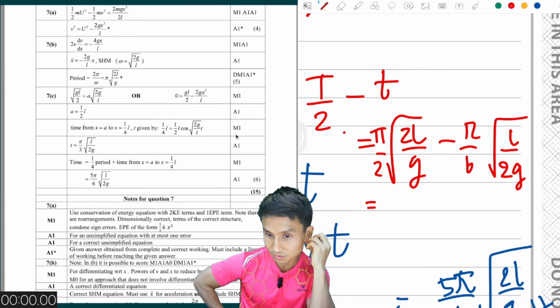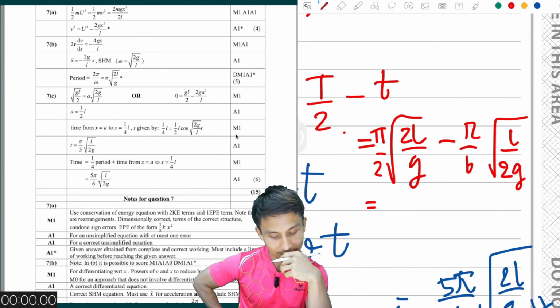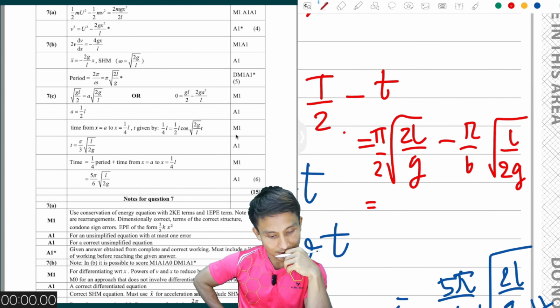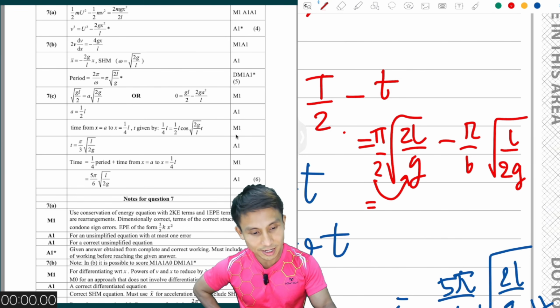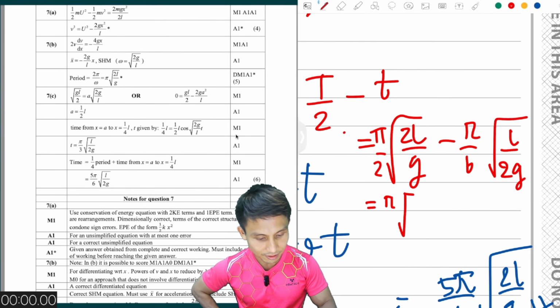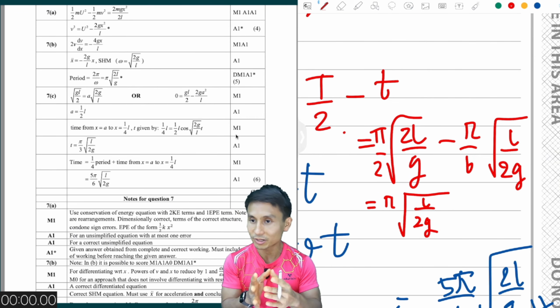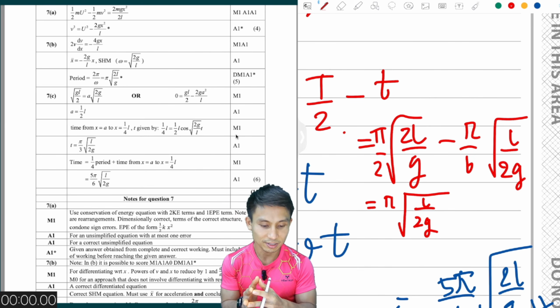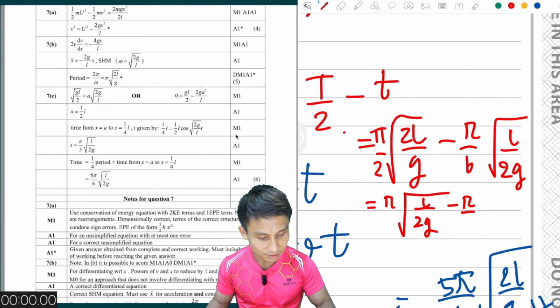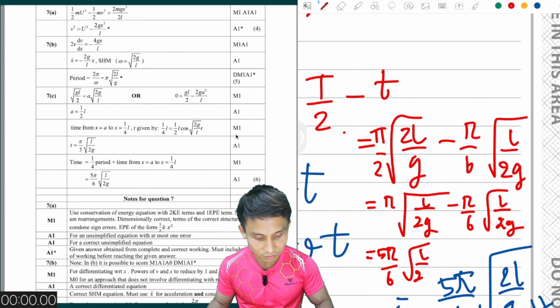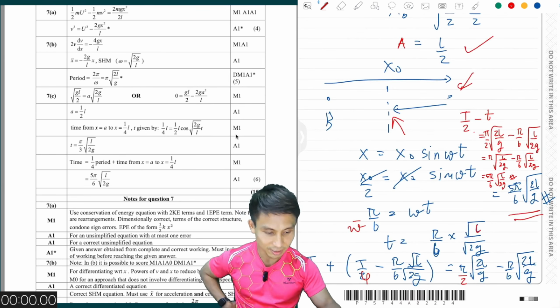It doesn't look simplified. But if I throw the 2 inside, I get L over 2G. Because if you throw the 2 inside, you get 1 over 4 there, multiplying with the 2L over G. So I think we get the answer. So we get 5 pi over 6 and root L over 2G. Yeah, we would have got the answer here.